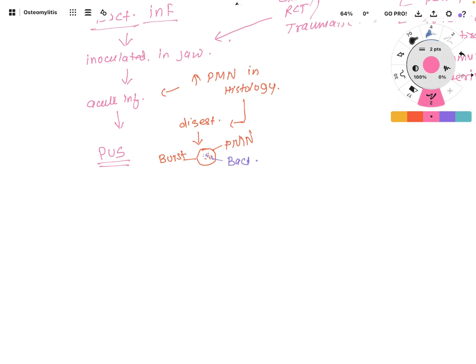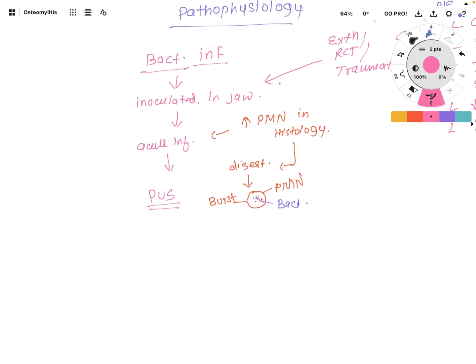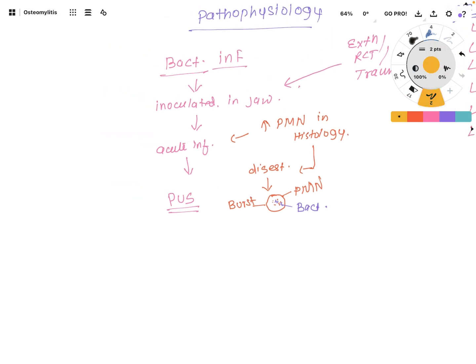So there is a large amount of pus within the lesion. When you want to draw the histological diagram, you just draw the bone, and within the bone, you show a lot of PMN and some amount of dead bone. In the dead bone, we can show some pus or some dead tissue. This pus, what will it do?